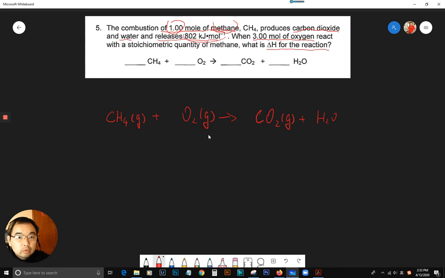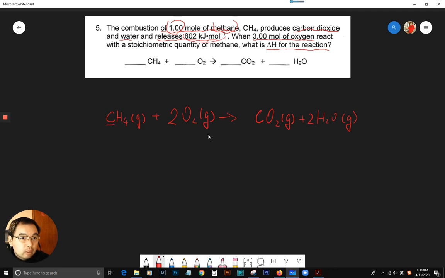Okay, the water I think is water vapor. Let's balance this equation first. That's CH4, and we're going to have 2 water here, and 4 oxygen, so we have a 2 in front of the oxygen gas.